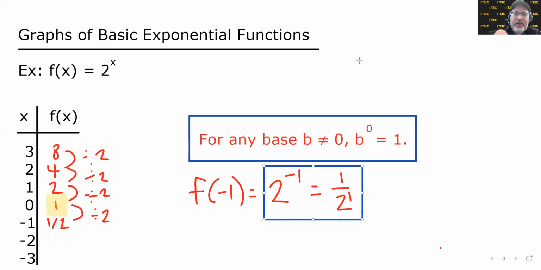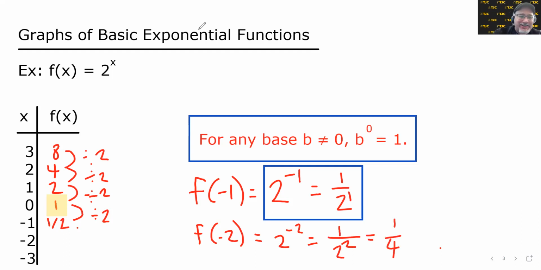So for example, for the next one, when I put in negative 2, f of negative 2 is 2 to the negative 2 power. But to raise something to the negative 2 power means 1 over raising that to the positive 2 power, which is 1/4.